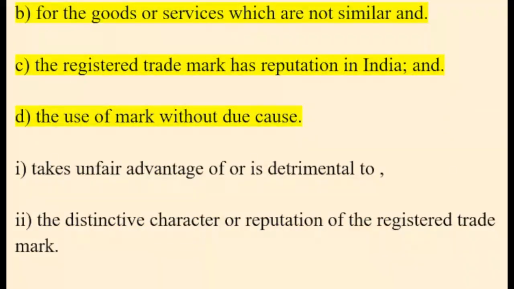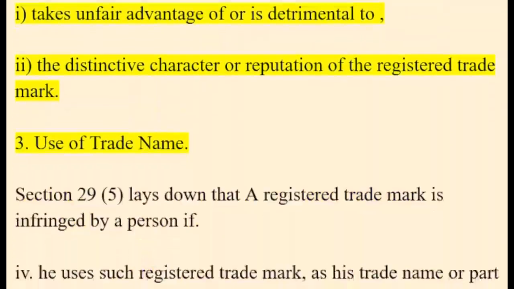For goods or services which are not similar, and c. The registered trademark has a reputation in India, and d. The use of the mark without due cause: i. takes unfair advantage of or is detrimental to ii. the distinctive character or reputation of the registered trademark.